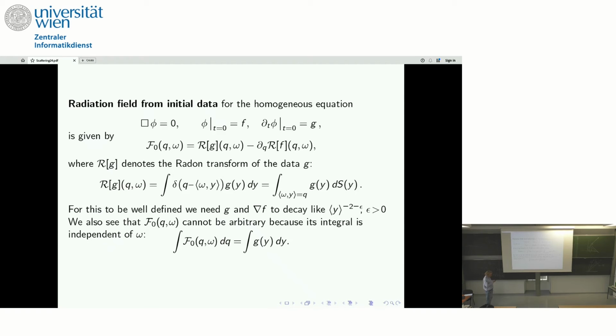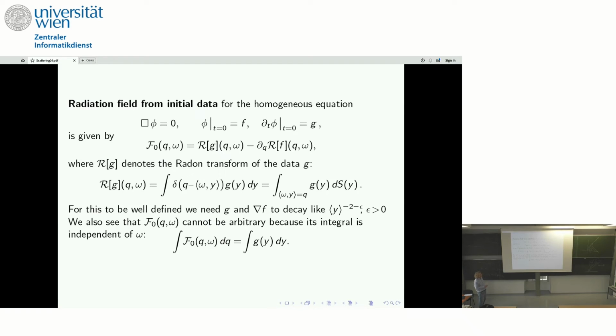Okay, I wanted to explain what happens with the presumably proof of Friedlander, that you can calculate the radiation field from the Radon transform of initial data and its derivative. The Radon transform is the integral of initial data over hyperplanes.